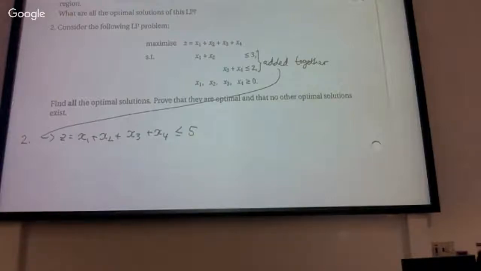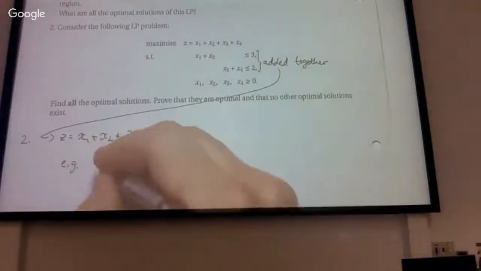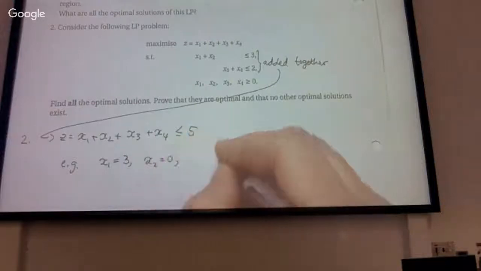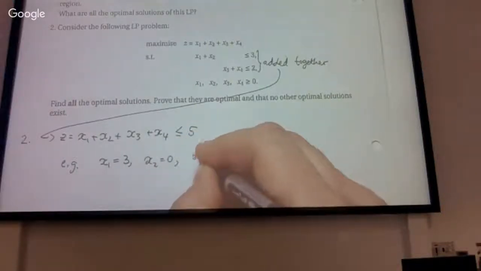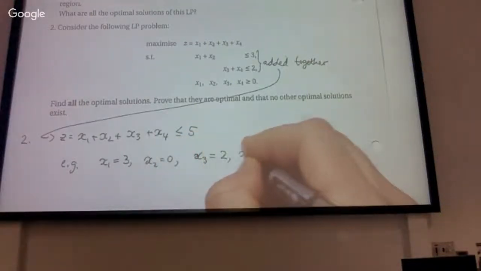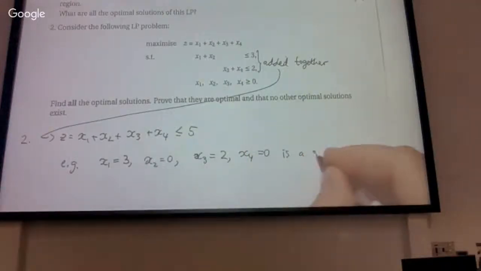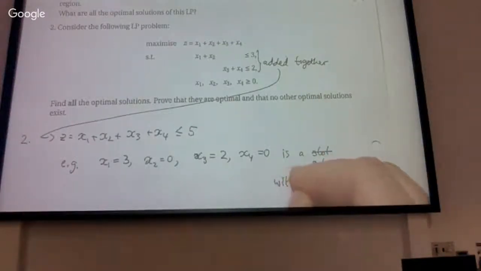Can we find some values where it is 5? Well, we can. For example, x1 is 3, x2 is 0, x3 is 2, and x4 is 0 is a solution with the objective equal to 5.